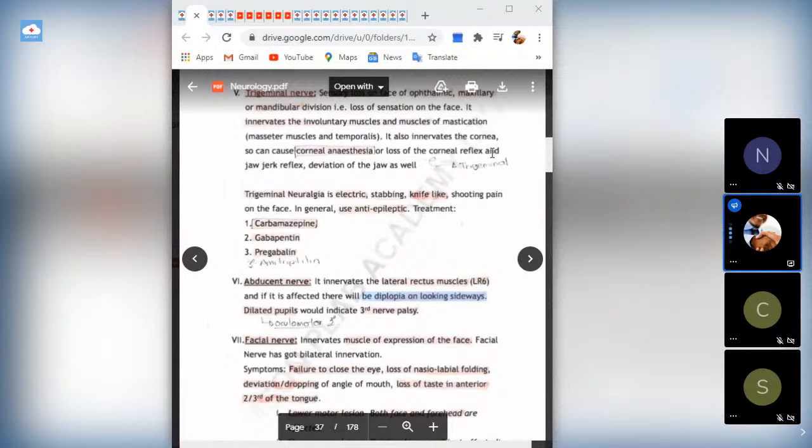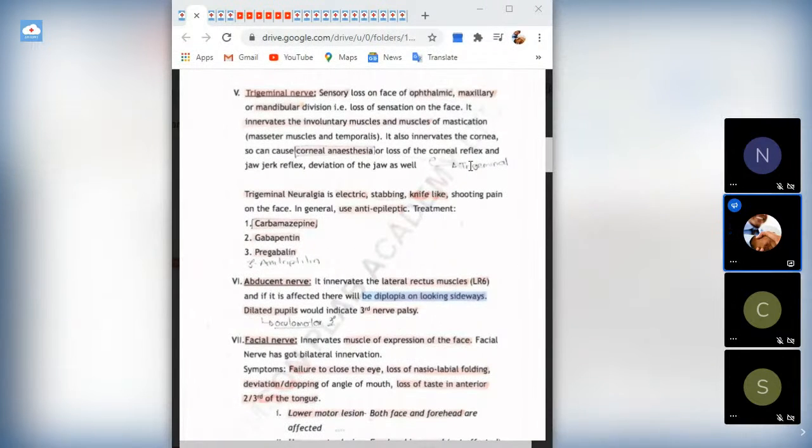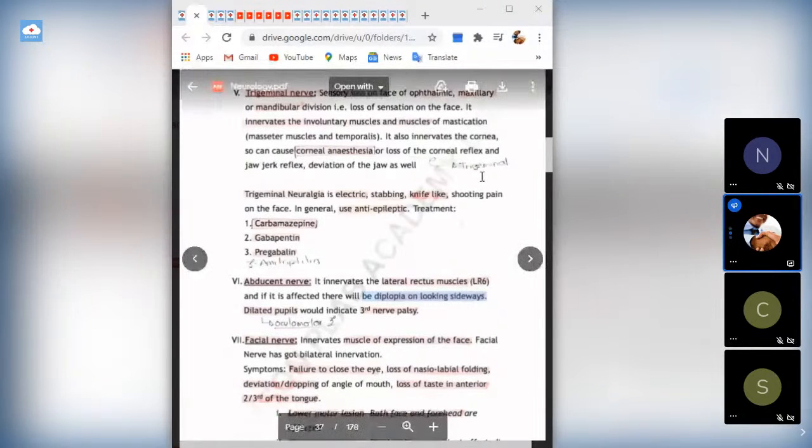It also innervates the cornea. So the corneal reflex is one of the things that you test when you are testing for trigeminal nerve function. Now, one thing about all these nerves is that you also have to know their pathology, because if you want to do a cranial nerve examination, you should know how to examine them and what to look out for.